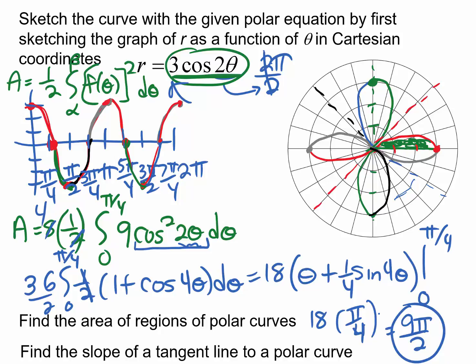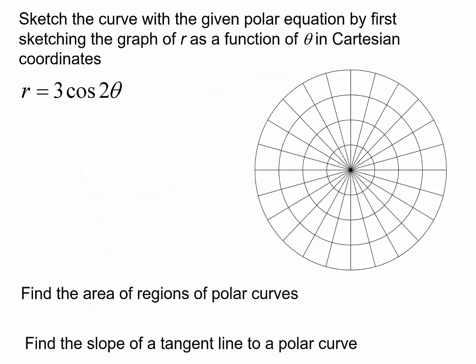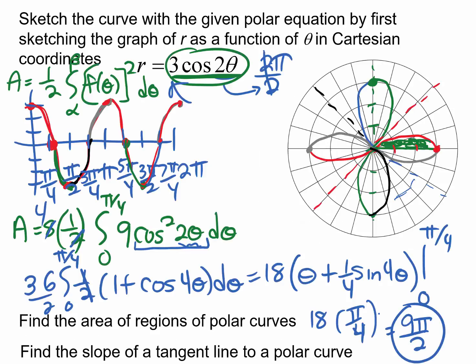Okay, the last and probably hardest thing to do would be to find the slope of a tangent to a polar curve. So let's go ahead and look at that, and I'm going to go on to the next screen to do that. Okay, so let's find the tangent. Actually, let's go back first.